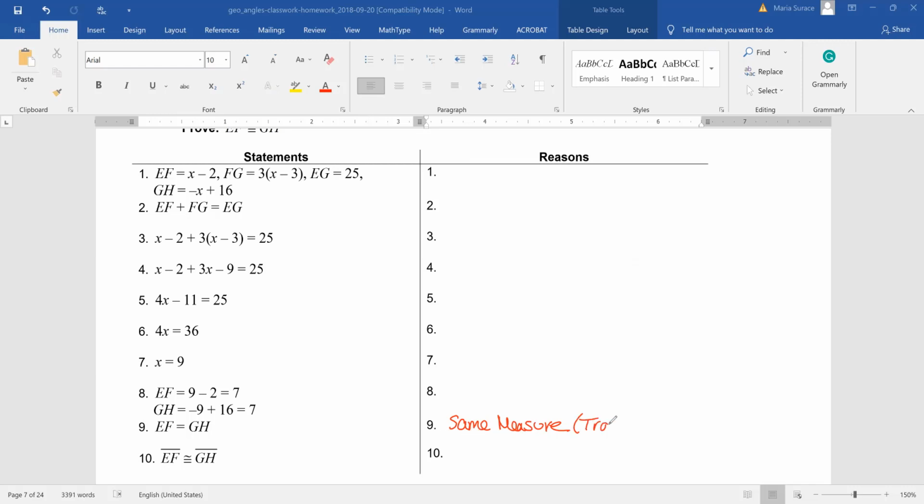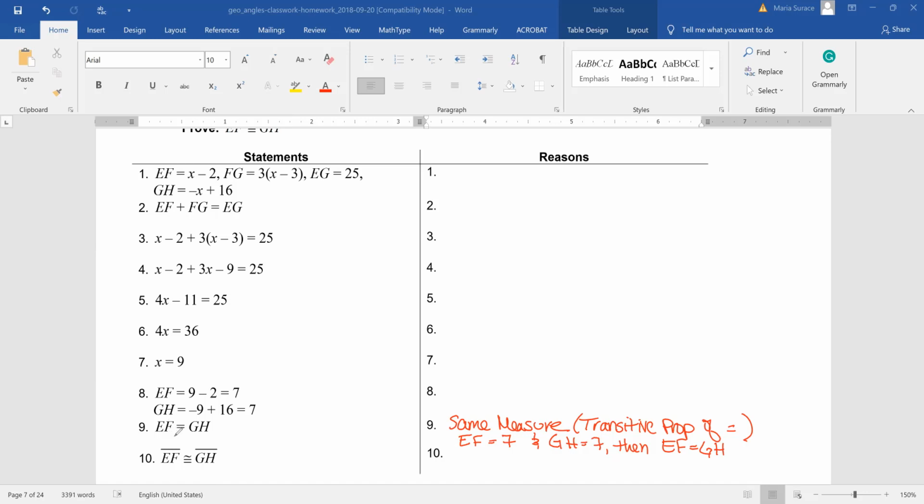This is actually the transitive property of equations, meaning if one thing is equal to 7 and the other thing is equal to 7, then they both equal each other. So because EF equals 7 and GH equals 7, then that means EF equals GH.